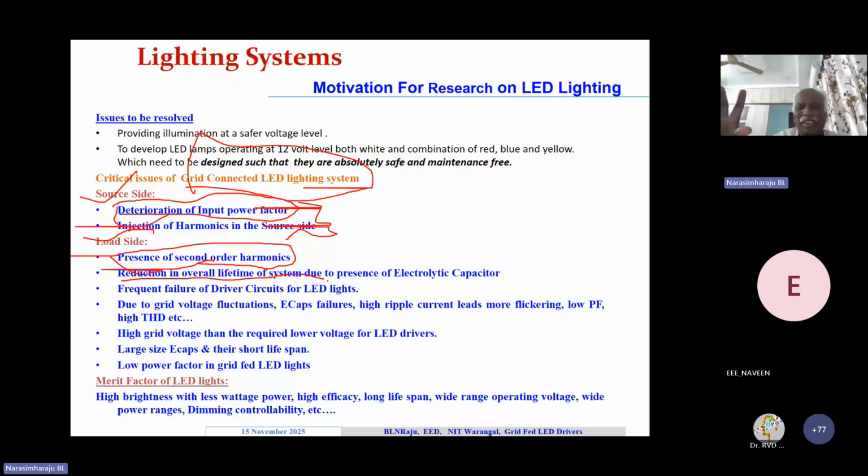This is working. This is an LED lamp, but there are high standard, high quality lamps also. That's why, of course, we see various brands like Philips, Havells, and other things.